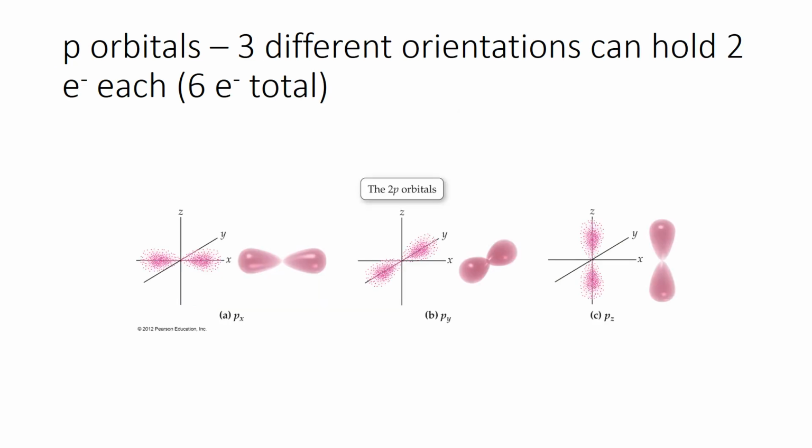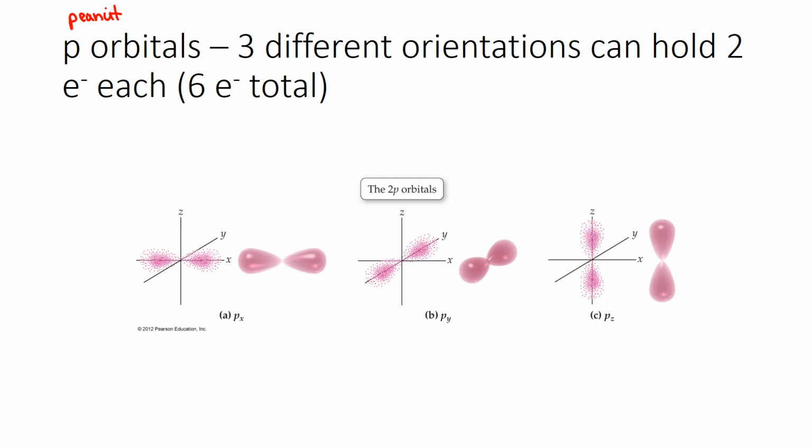P, which they have denoted, kind of looks like a peanut. Sometimes you'll see a textbook refer to it as a dumbbell, but it kind of has the shape of a peanut. Notice there's 3 different directions we can turn this, or 3 different orientations.